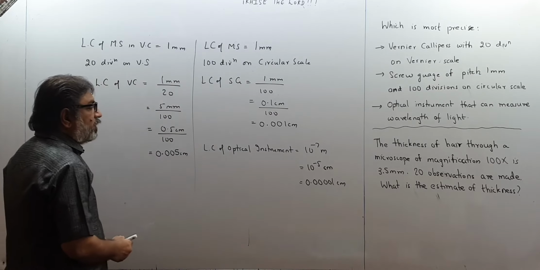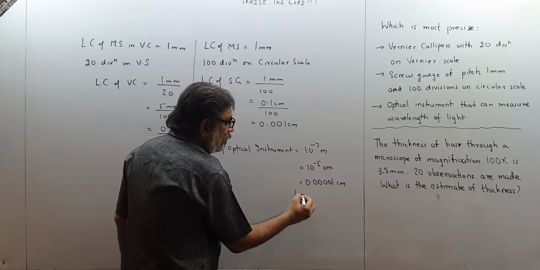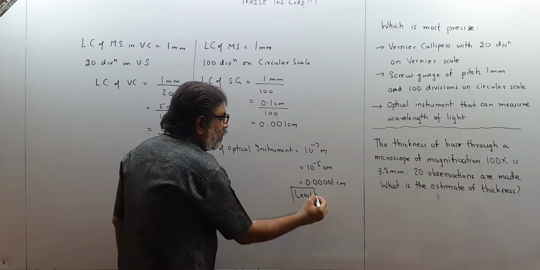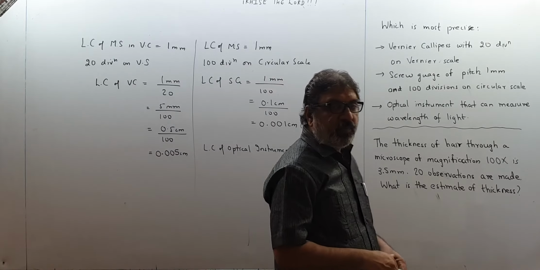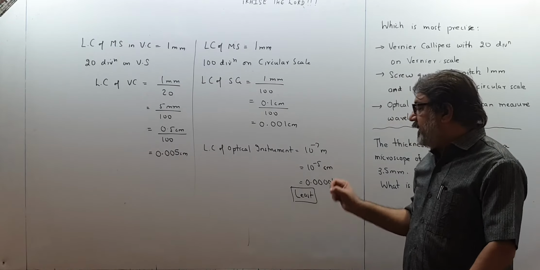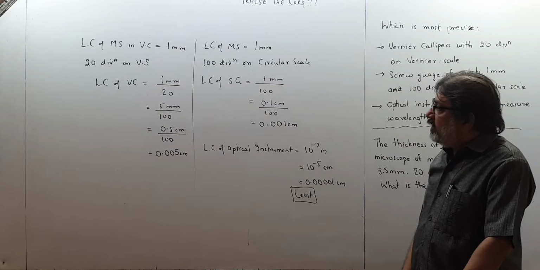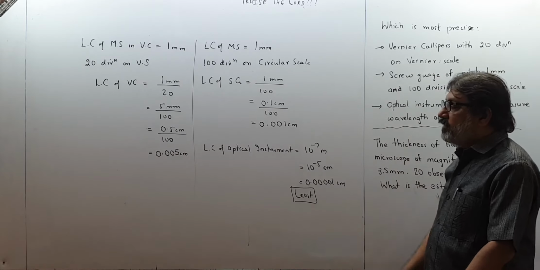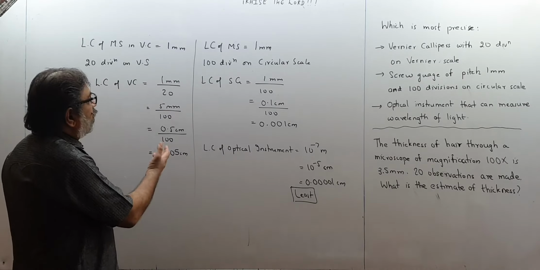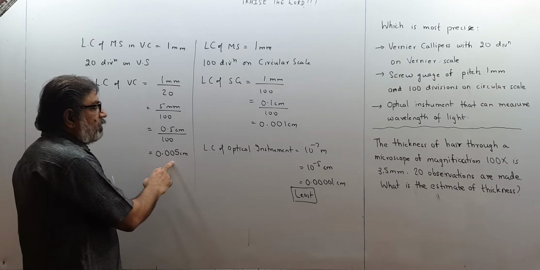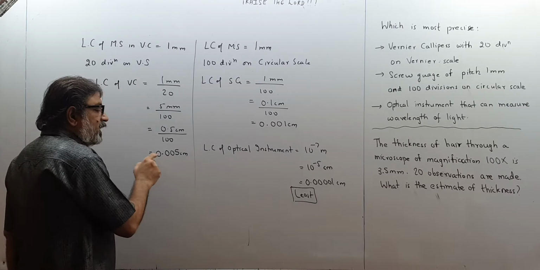So children, the least count is least where it is 0.005, 0.001. Whichever has the least count is most precise. So the most precise observation will come using the optical instrument. That is the point. And out of the screw gauge and the vernier calipers, this is 0.005, this is 0.001. So the screw gauge will be better because here the least count is less, here the least count is more.